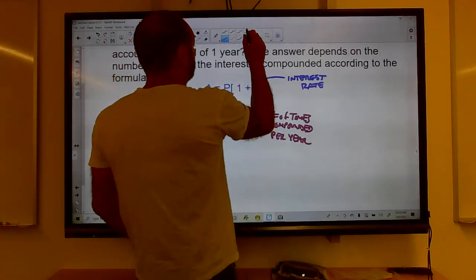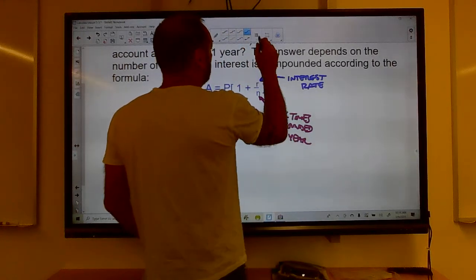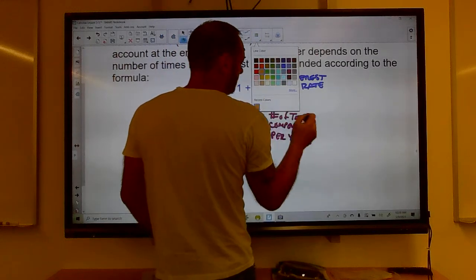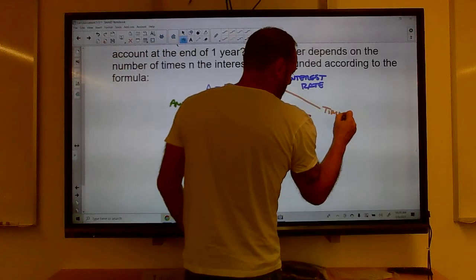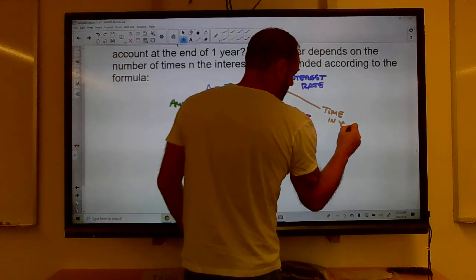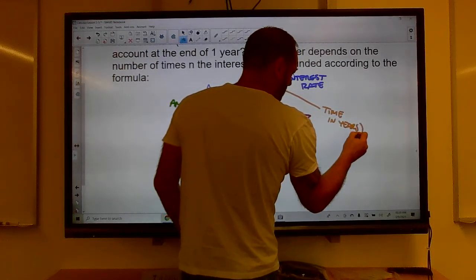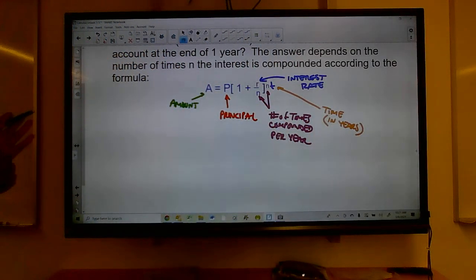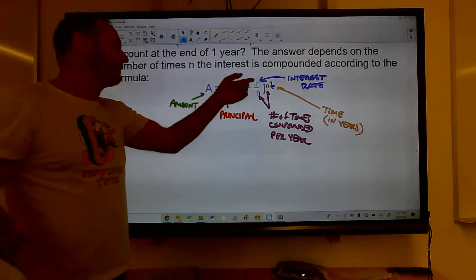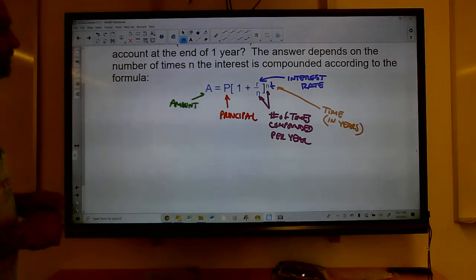And then for some reason missing here is a T, which stands for time in years. I know why the T was left off, it was just 1 year, so the T is 1.